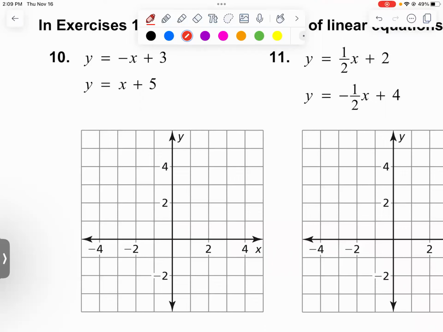All right, let's graph these 2 lines. So let's talk about line pink. Where am I going to start with line pink? Our y-intercept, excuse me, is 3.